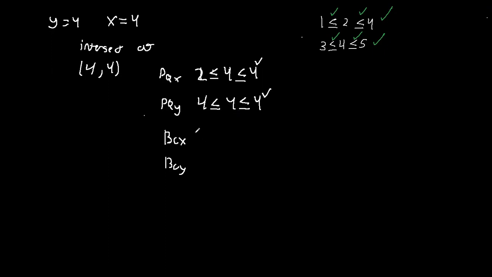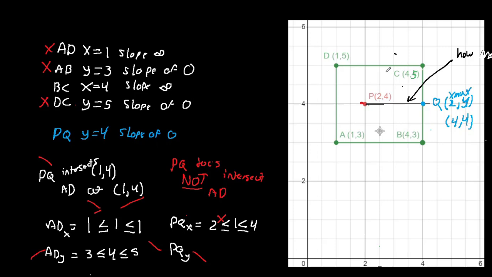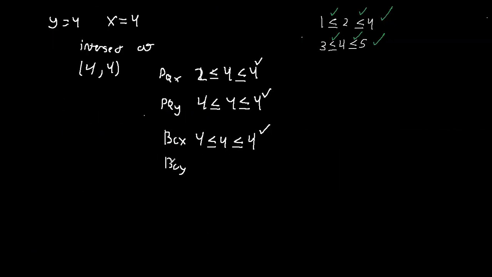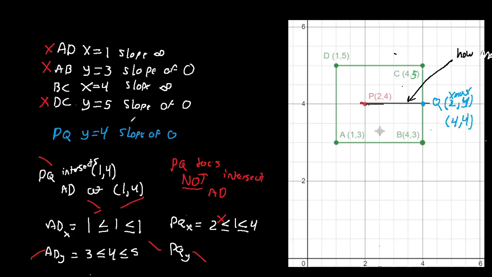So is 4 less than or equal to 4, less than or equal to 4? That checks. And then in the y direction, we're going from 3 to 5, intersecting at 4. So we would do is 3 less than or equal to 4, less than or equal to 5. That checks. So because all of these checked, we can say that BC does in fact intersect PQ.